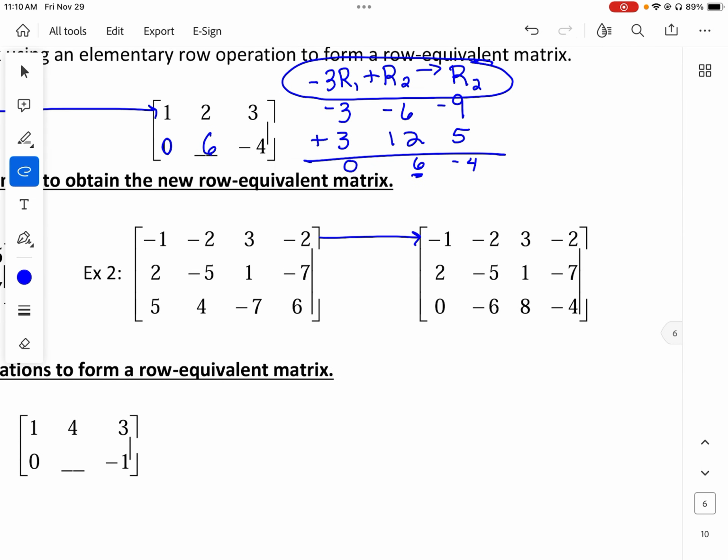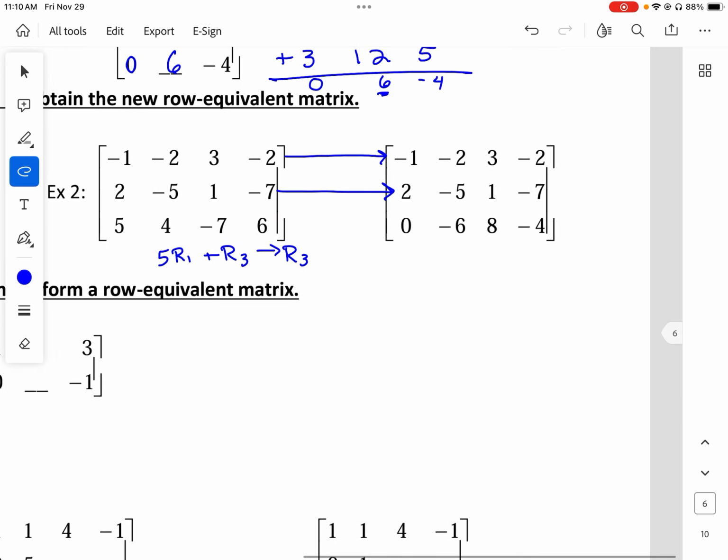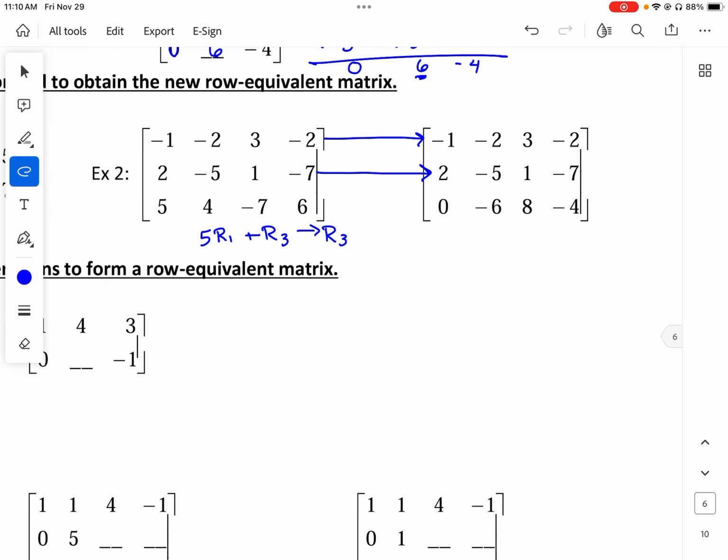Row 1 is the same, row 2 is the same, it's row 3. So we want to use row 1 to help us, because I can multiply row 1 times 5 and then add those together: 5 times row 1 plus row 3 to give me my new row 3. So I'm going to write it over here.